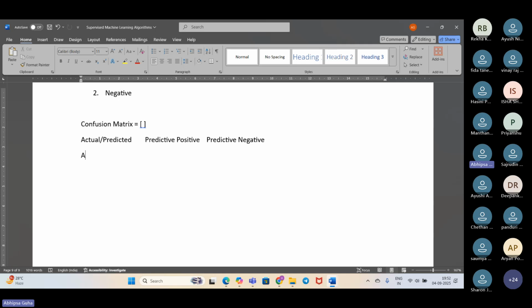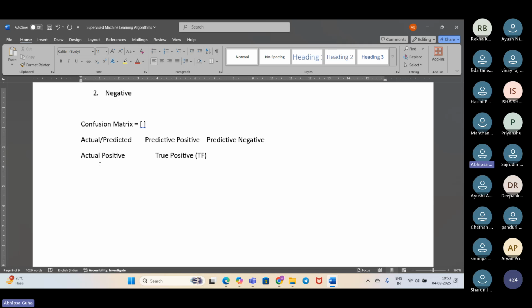Under predicted positive, we take the true positive value, that is the TP value.